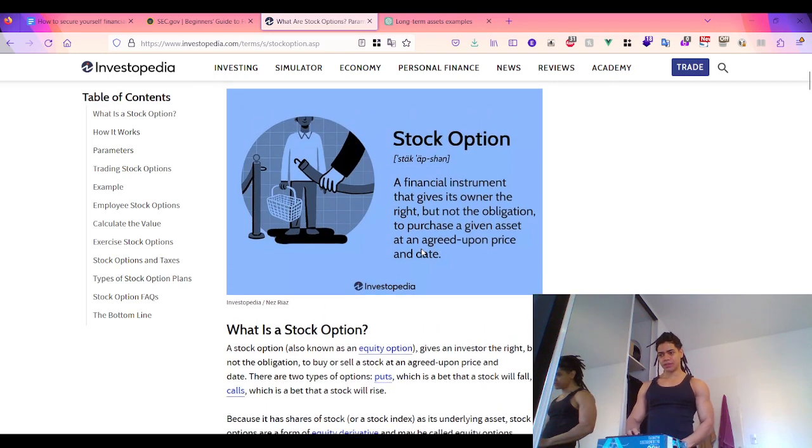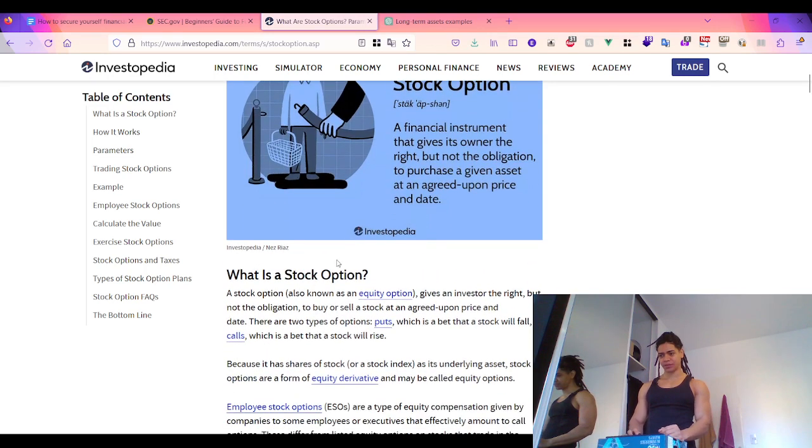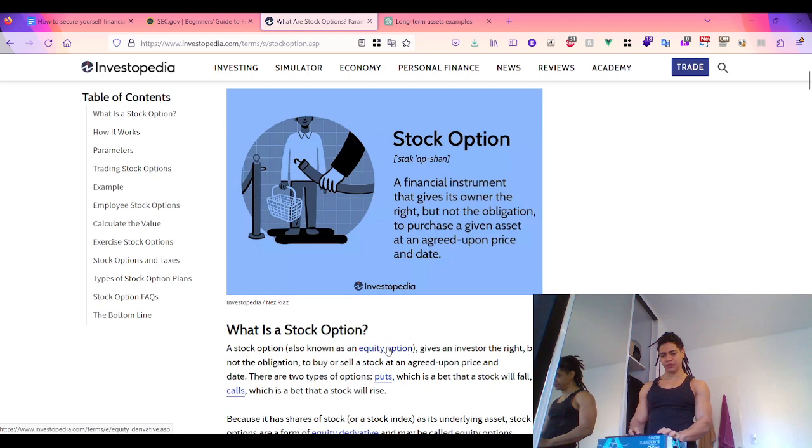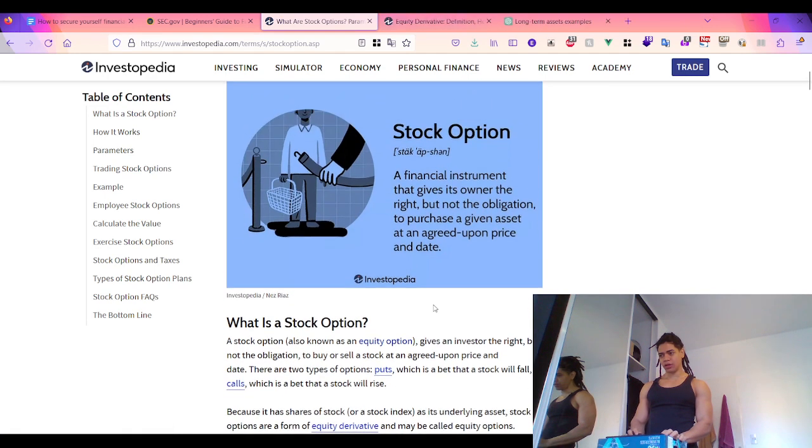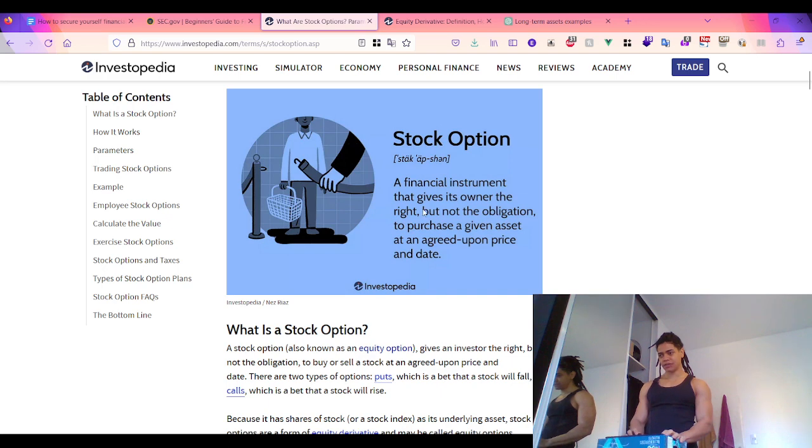In plain English, it's also known as equity options. Equity options give an investor.